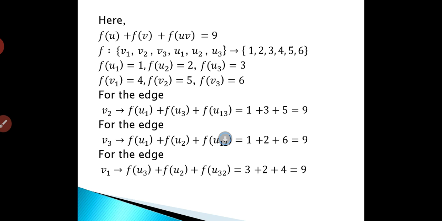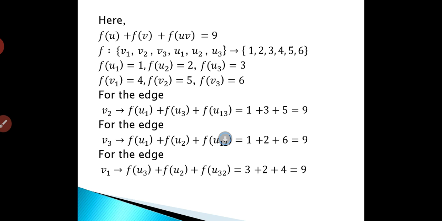In the same way, for the edge v3, f(u1) plus f(u2) plus f(u12), where u12 is the edge, equals 1 plus 2 plus 6 equals 9.